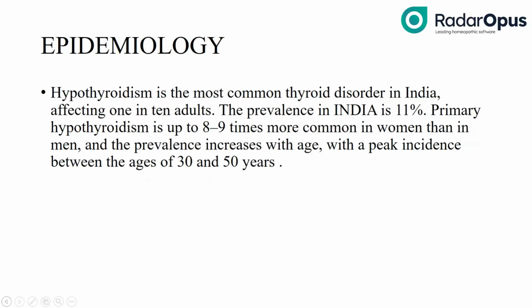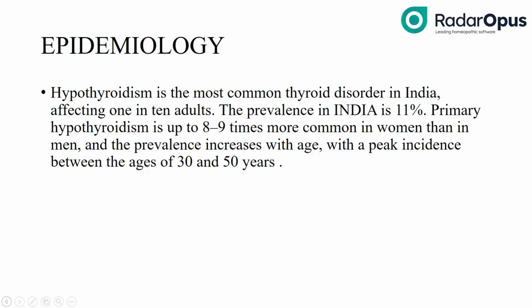Now, coming to the epidemiology of hypothyroidism, the prevalence of hypothyroidism and thyroid disorders. So, hypothyroidism is one of the most common thyroid disorders in India, affecting approximately 1 in 10 adults in our population. The prevalence in India is 11%.